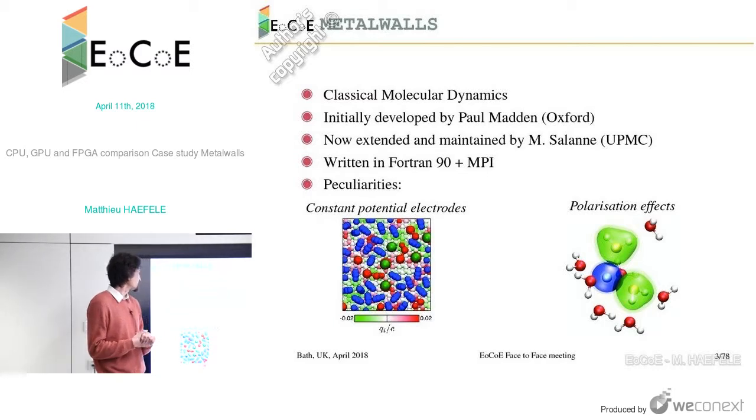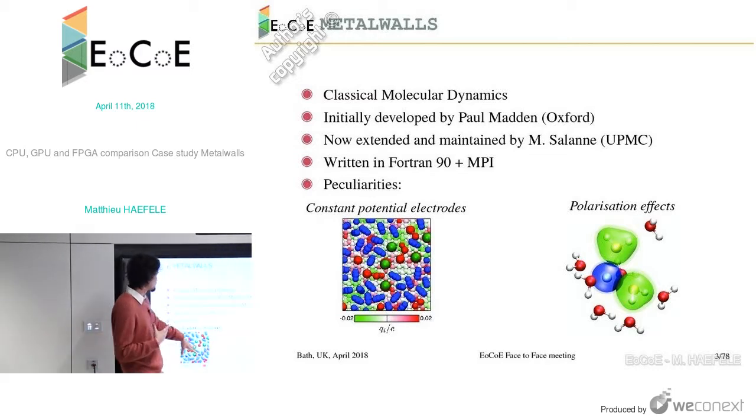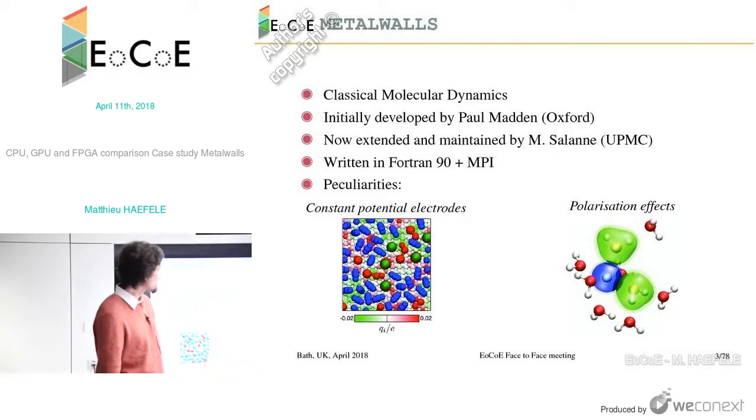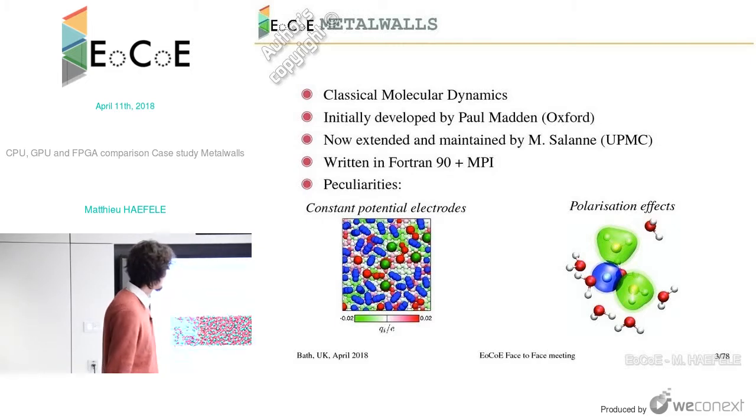What's the point of having yet another one? This one does few things, but very well. Typically, it can simulate electrodes with constant potential. That's something quite complicated that this code does quite well.